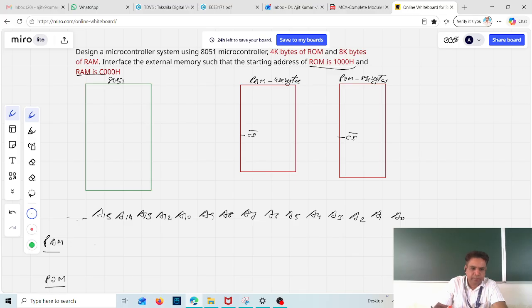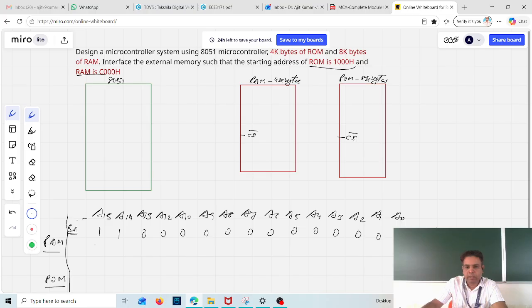Let's write the starting address of RAM, SA, which is C000. C means 1100, and the rest of the bits are zero: 000000000000. This is the starting address of RAM. Similarly, we'll write the starting address of ROM.